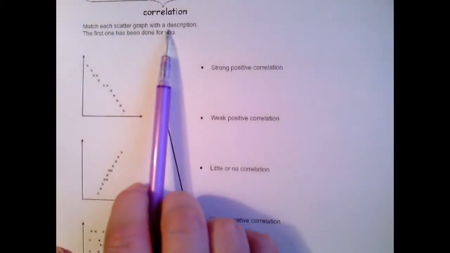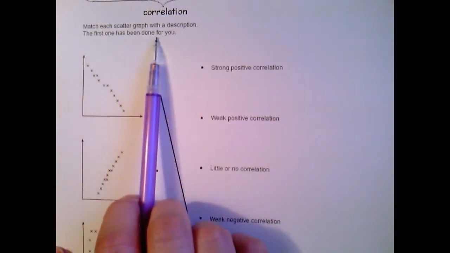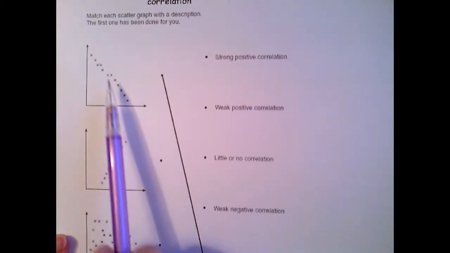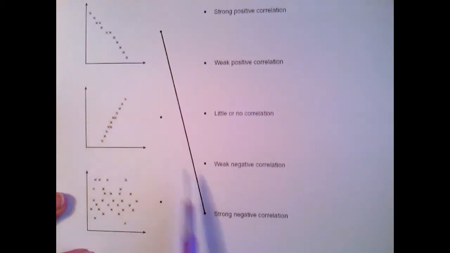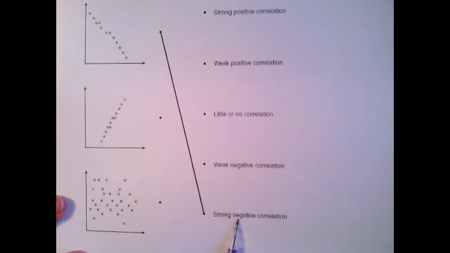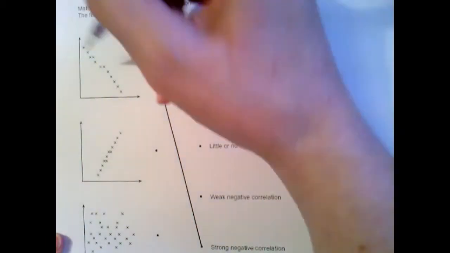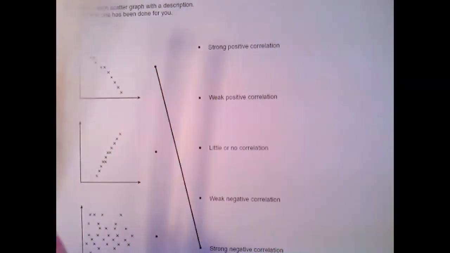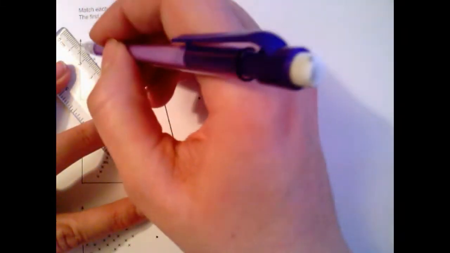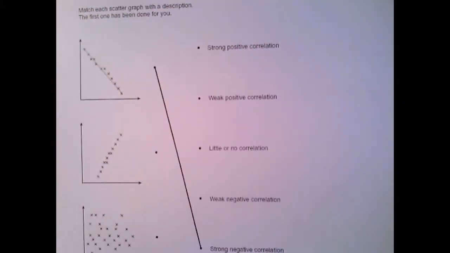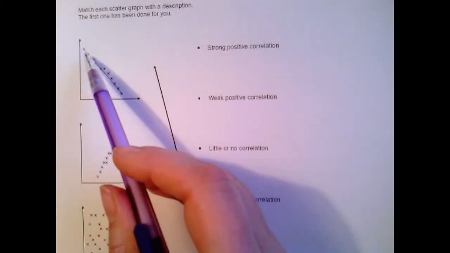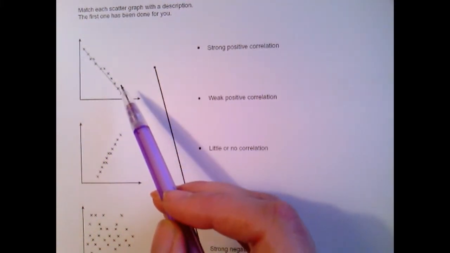So match each scatter graph with a description, and the first one has been done for you. So then match this one here up with strong negative correlation. So strong because all the crosses would be close if you drew in the best fit line there. Your ruler. So the best fit line would be something like that. And all of those crosses are very close to the best fit line, so it's strong.